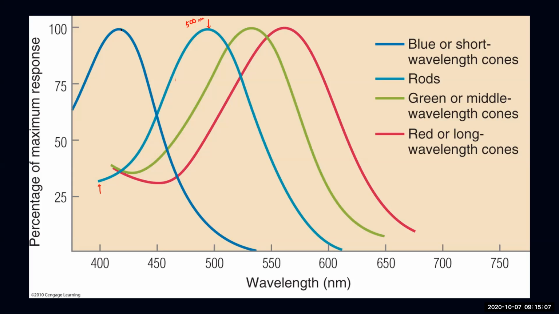You can convert it to blue, green, red if you have to, but now the preferred nomenclature is short, middle, long. So here, if we look, our blue or our short wavelength, you know, around 410 nanometers or so.